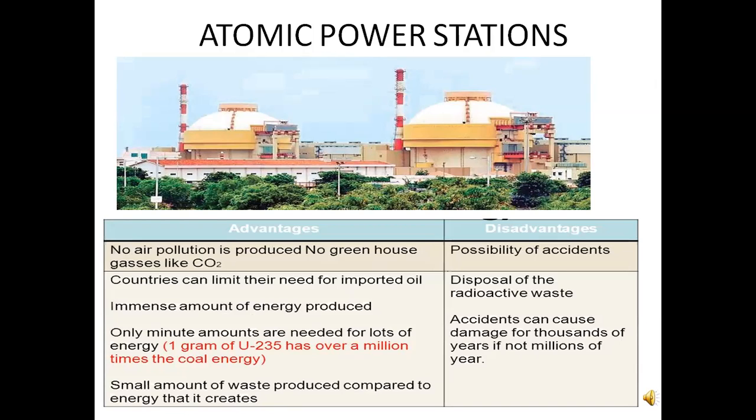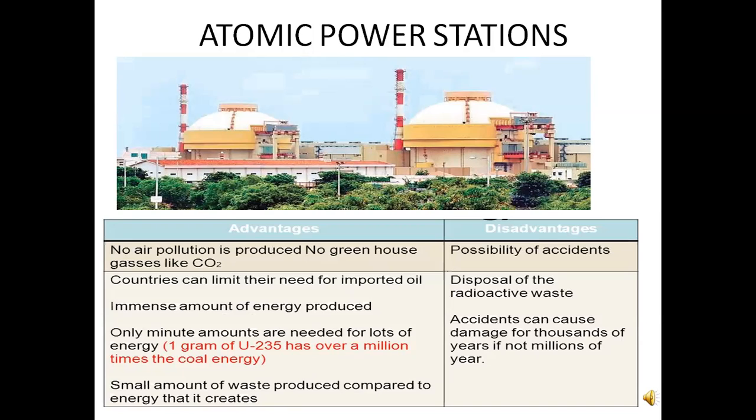In an atomic power station, that is, a nuclear power station, nuclear energy is converted into mechanical energy and then electrical energy. So the advantages of atomic power stations are: no air pollution is produced, no greenhouse gases like carbon dioxide, and countries can limit their need for imported oil.